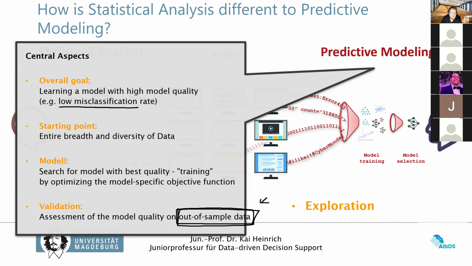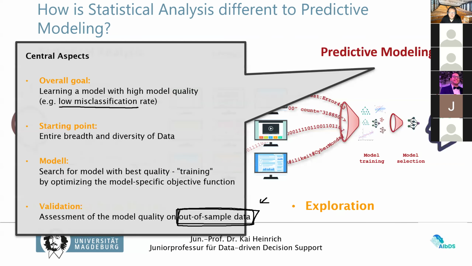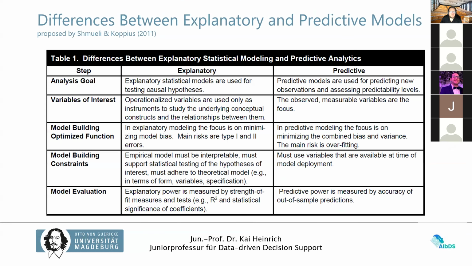So we will focus less on hypothesis and less on theory, and more on data, more on the data that we have, okay? So this is the actual paper. This is read number 2, a table from read number 2, about explanatory statistical modeling versus predictive analysis, and they also have great examples.